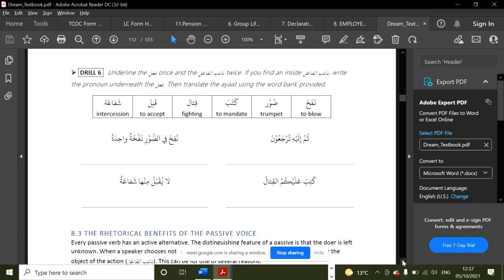Nafkhatun is not acted upon by anything. It's standing on its own, and it is rafa. That's why we consider it as our outside naibul fa'il. And since nafkhatun is attached with wahidatun as masuf sifa, we consider nafkhatun wahidatun both as our outside naibul fa'il, and Fissuri is mutalik bil fail.